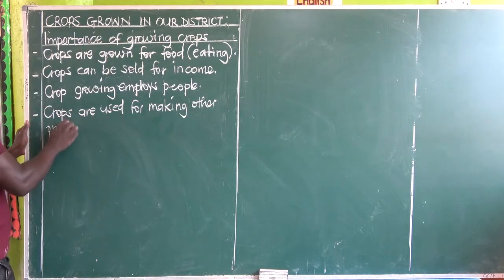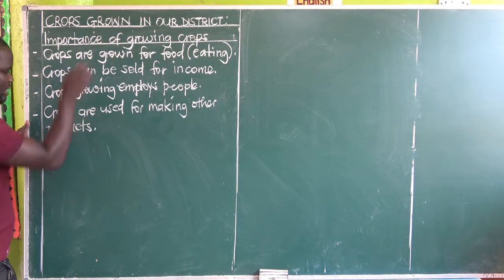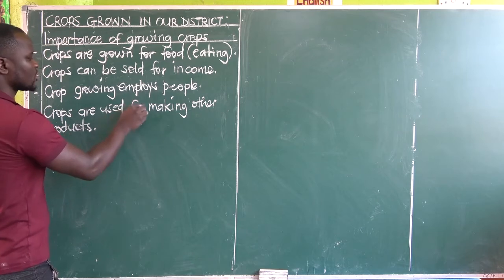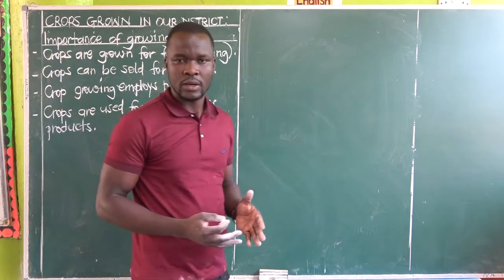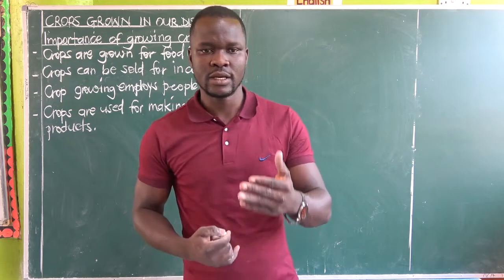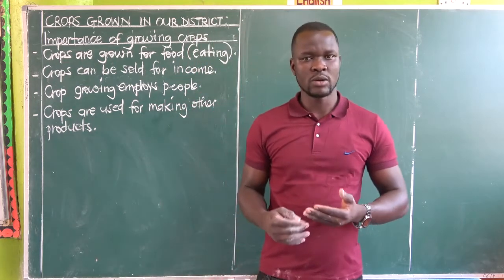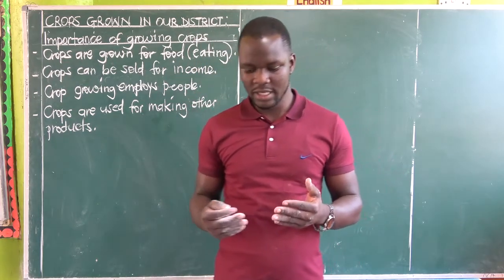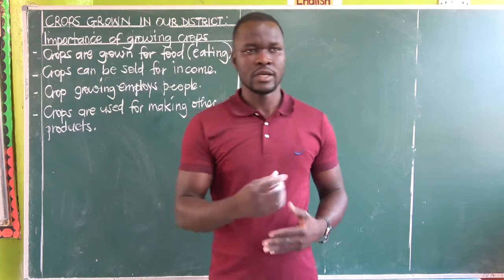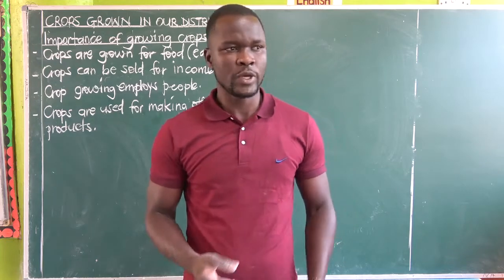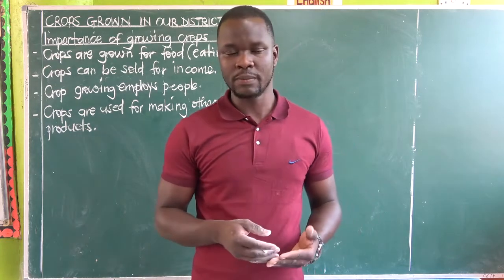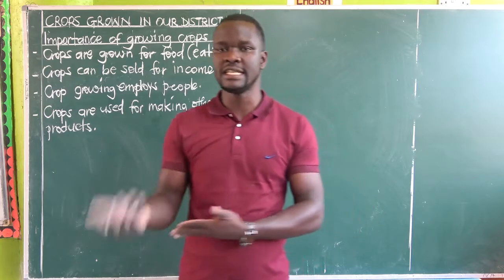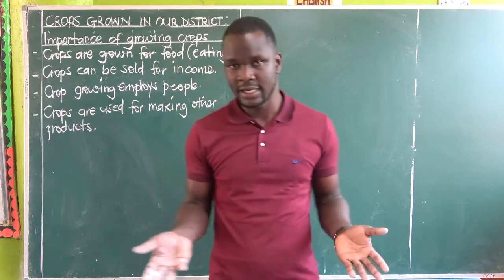For example, we were talking about sugarcane as a crop which can be used for making sugar. We were talking about tobacco as a crop used for making cigarettes. We talked about tea as a crop which we can use for making tea leaves that we can take as tea, chai.